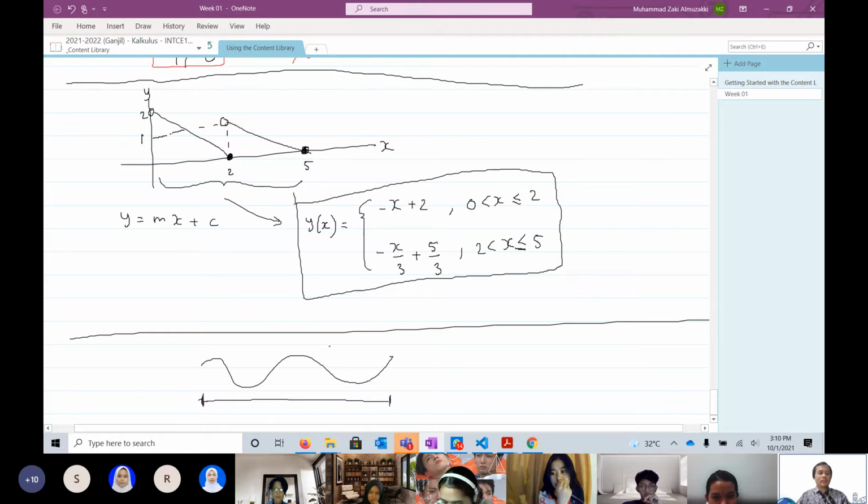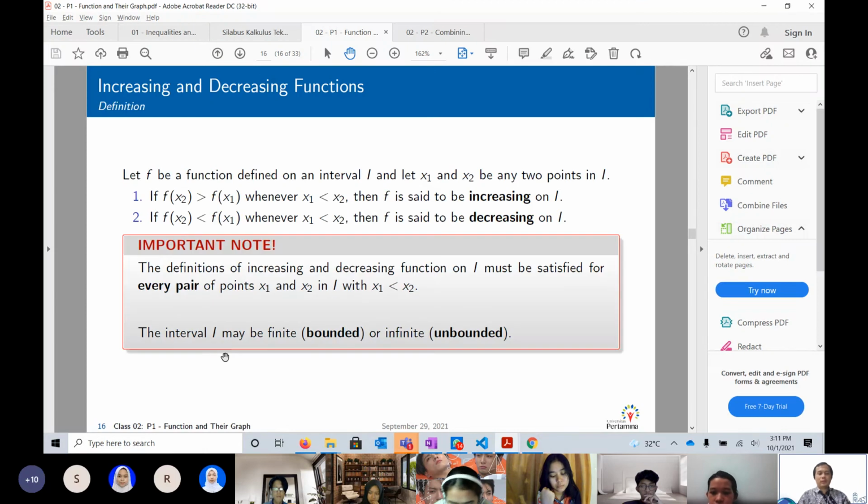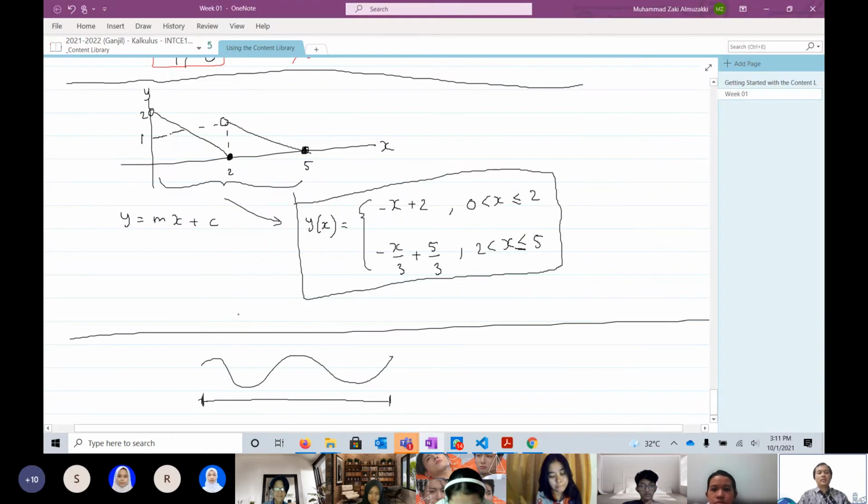Okay, that is possible, but in this case, based on the formal definition of an increasing or decreasing function, we cannot say that this function is increasing, and we also cannot say that this function is decreasing. That's why in this case, this function is neither increasing nor decreasing.